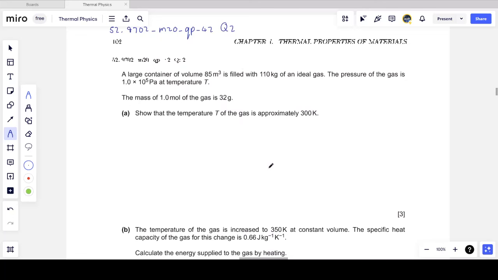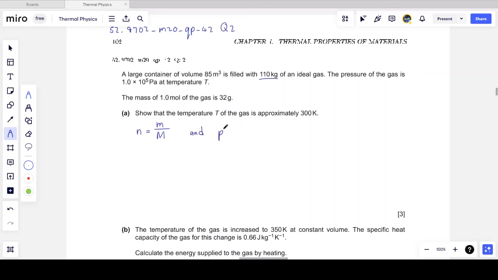So we know immediately, if somebody's giving us this much information, they want us to use the ideal gas equation. However, they give us the mass of the gas rather than the number of moles. At least we do have the molar mass. They told us the mass of a mole is 32 grams. So first, the number of moles is the mass of the substance I have, divided by the molar mass.